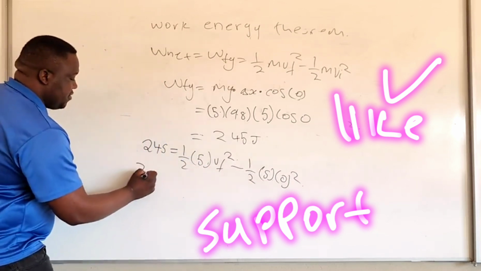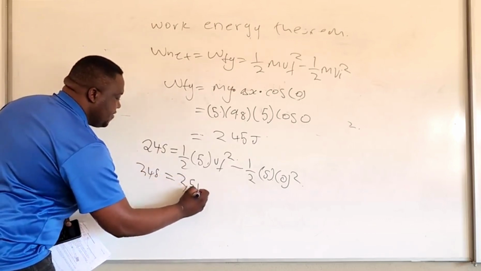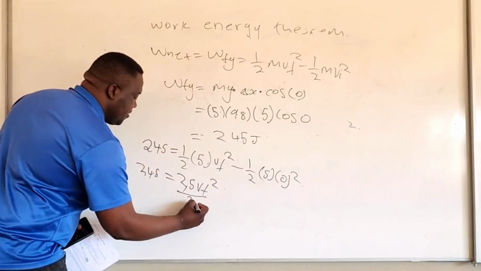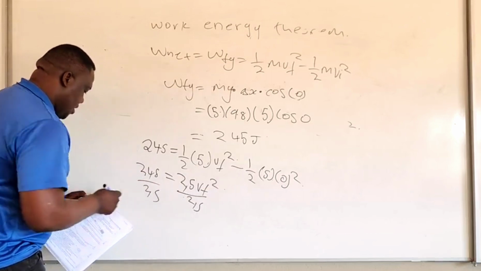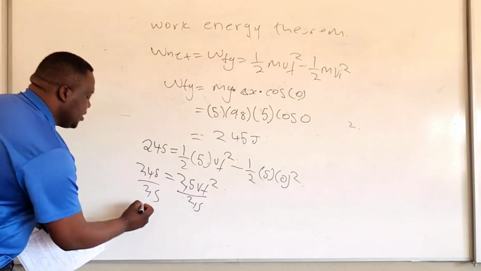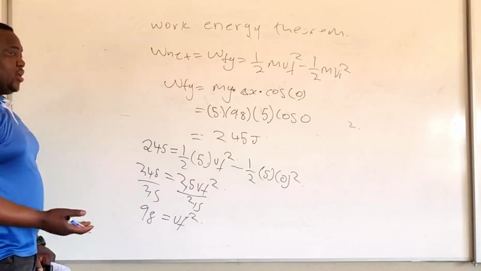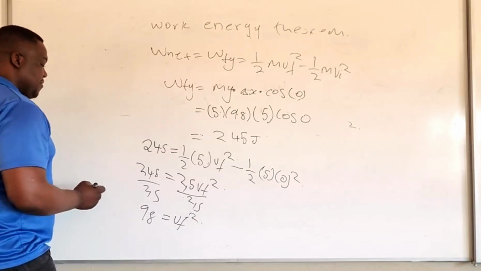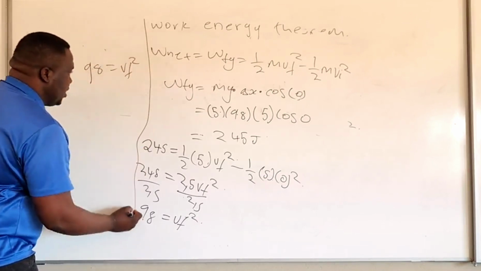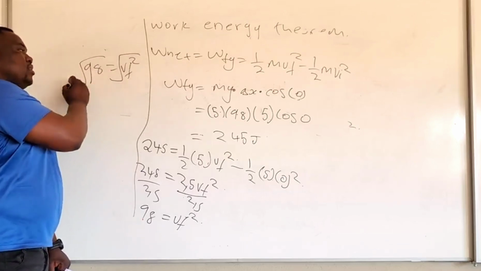So we're going to have 245 equals 2,5 Vf squared, which is a half of 5. Then we divide by 2,5. 245 divided by 2,5 gives us 98. Remember, this is Vf squared, and we're not looking for Vf squared, we're looking for Vf. We have 98 equals Vf squared. You understand, right? Then to get V, we put the radical sign.